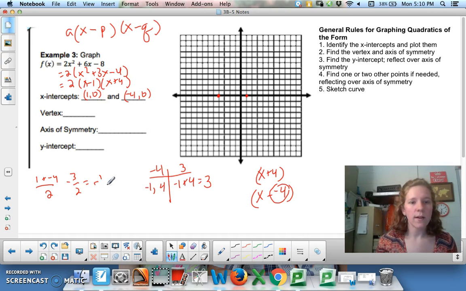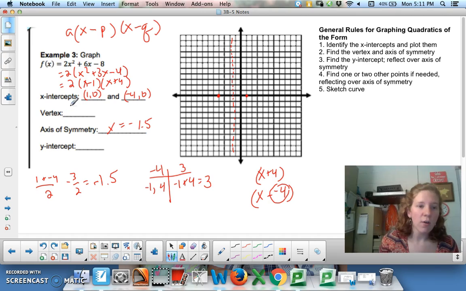That's negative 1.5. So I'm going to go negative 1 and then 0.5 is where that axis of symmetry is going to go. It should go down here as well. So my axis of symmetry is x equals negative 1.5, or negative 3/2, whichever you prefer.